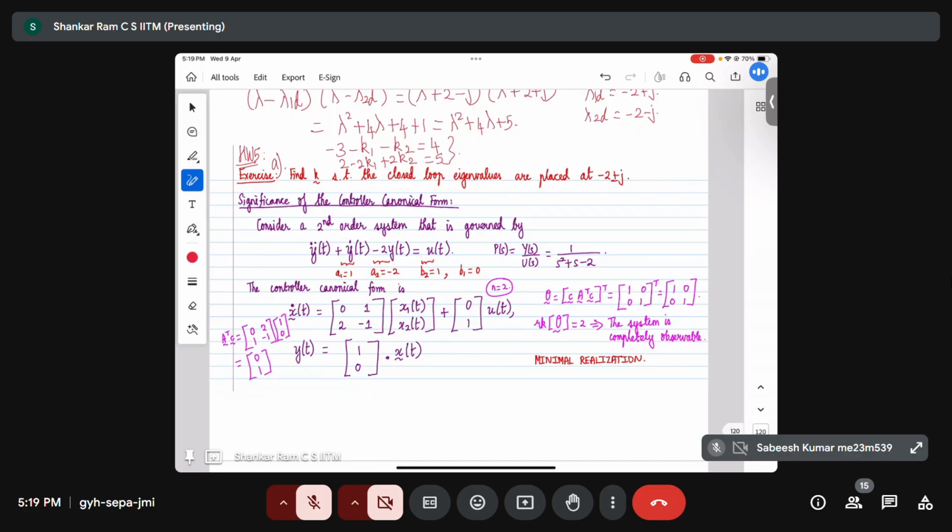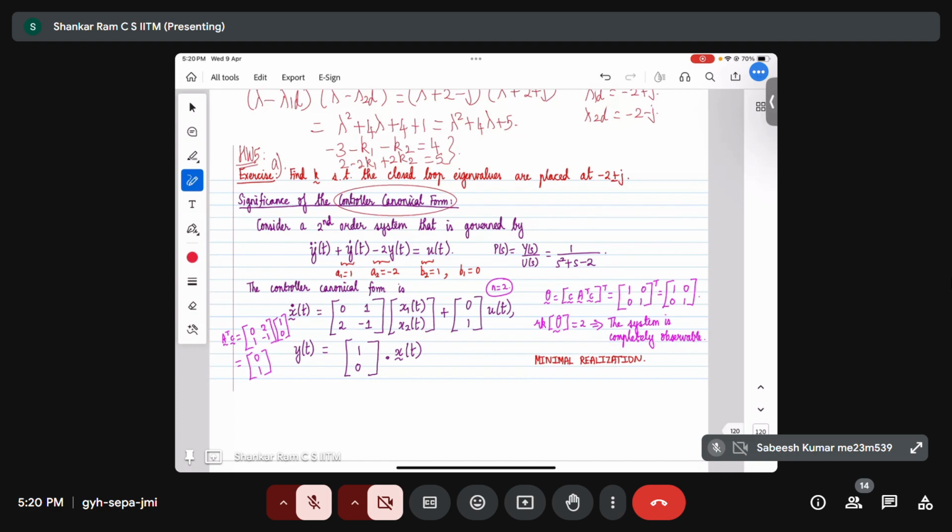As a next step, you and I are going to study the significance of the controller canonical form. You remember we did the controller canonical form, and I told you that control design becomes easy when we choose a controller canonical form.